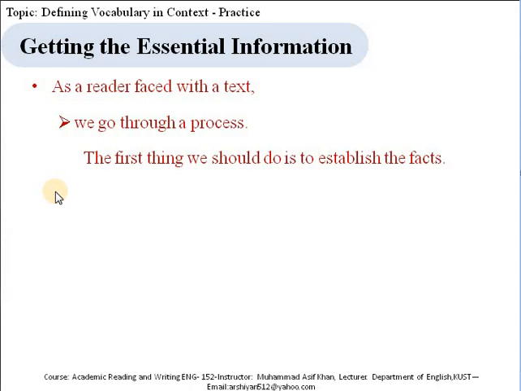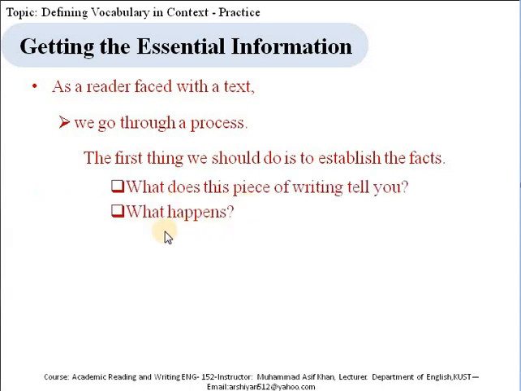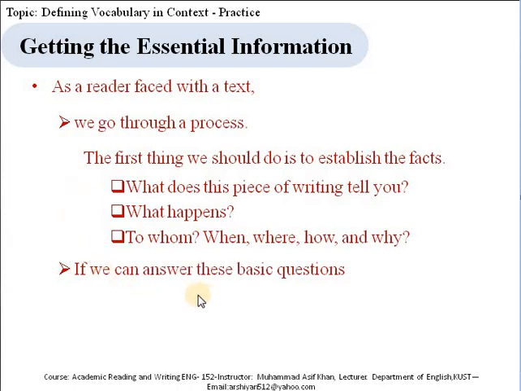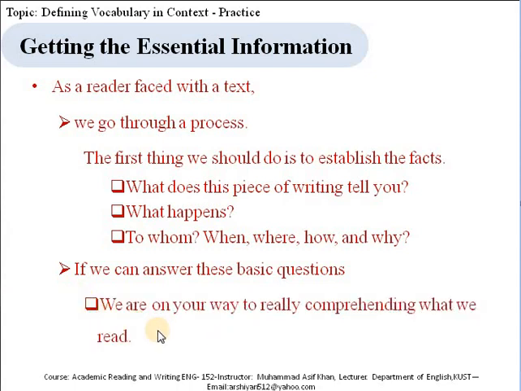In this way, we establish what the piece of writing tells us, or what happened in that piece of writing, or to whom, when, where and how that thing happened. So if a reader finds the answers to these basic questions, it means that the reader is really comprehending that text.